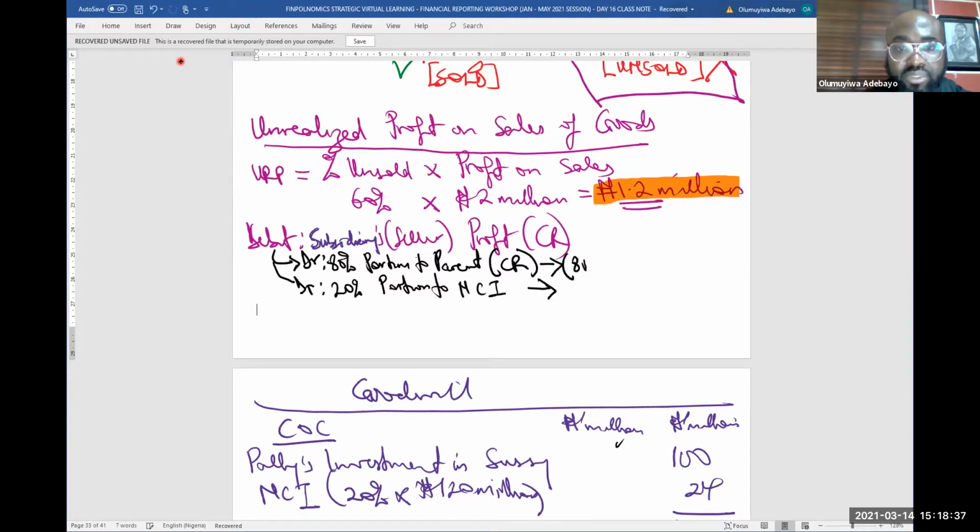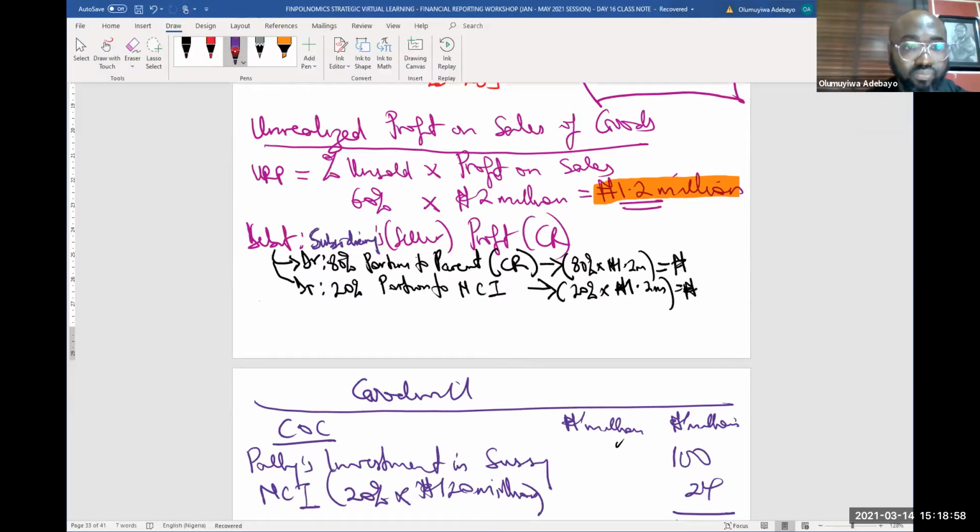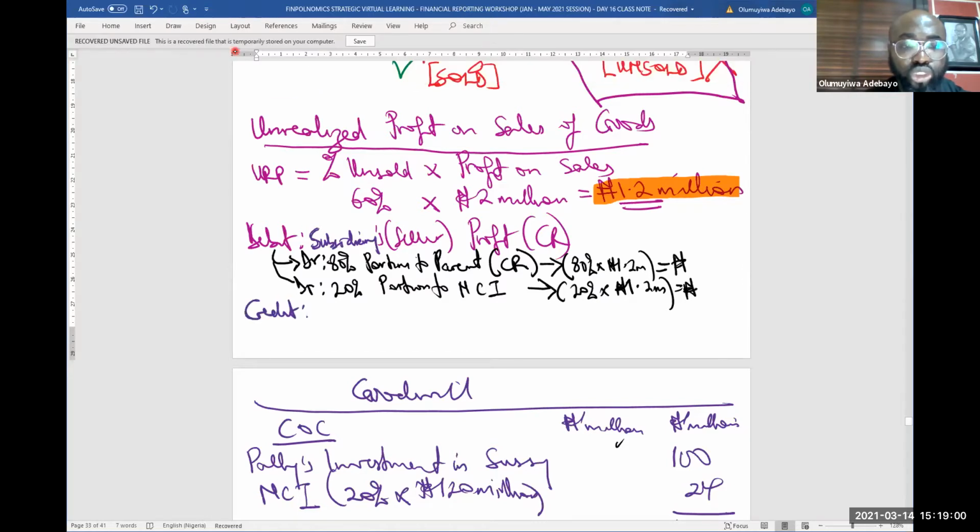Therefore, 80% of 1.2 and 20% of 1.2 is how much? The whole of the credits goes to the buyer's inventory, which is the parent, which will eventually still be consolidated with that of the subsidiary.